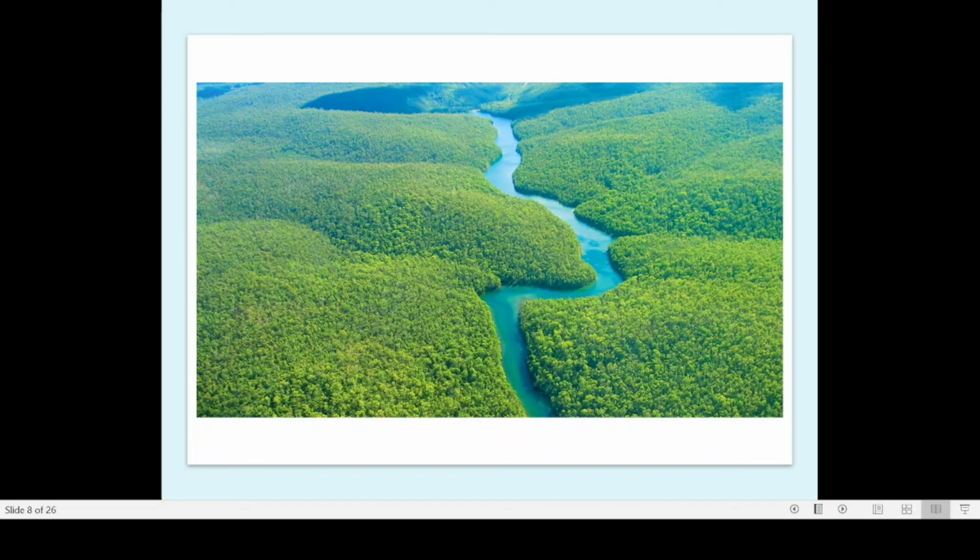Now, if these Amazon rainforests are lost to the world, for example, you take the case of malaria medicine. We have malaria medicine because of the Amazon: the quinine which is obtained from the cinchona bark is extracted from the bark of a tree that is present in the Amazon region.